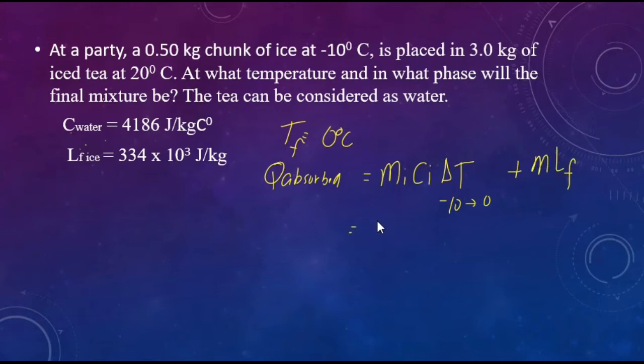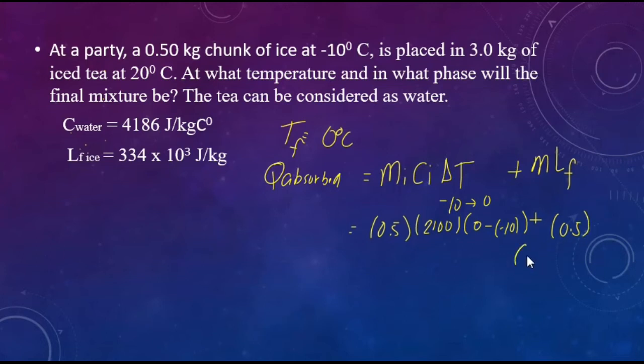So let's check that value. We have the mass of the ice is 0.5 kilogram. C of the ice, let's just check the table, is 2,100 joules per kilogram Celsius degree. Delta T for the ice is 0. Again, it's important to identify which is final and which is initial. So that's 0 minus negative 10. That will become positive. Then plus, mass of the ice is 0.5.